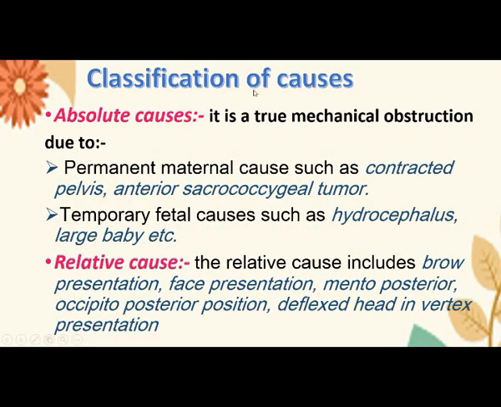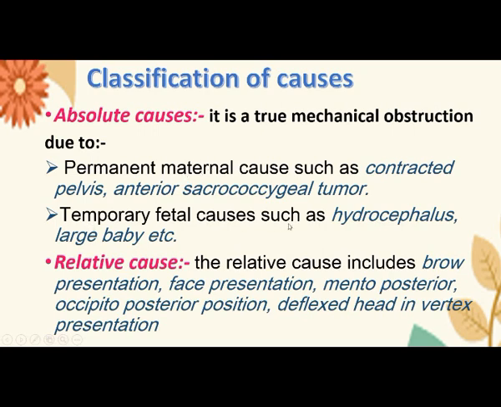We can see the classification of these causes, that is absolute causes and relative causes. Absolute causes are a true mechanical obstruction due to permanent maternal cause such as contracted pelvis, anterior sacrococcygeal tumor. That is permanent; it cannot be changed.